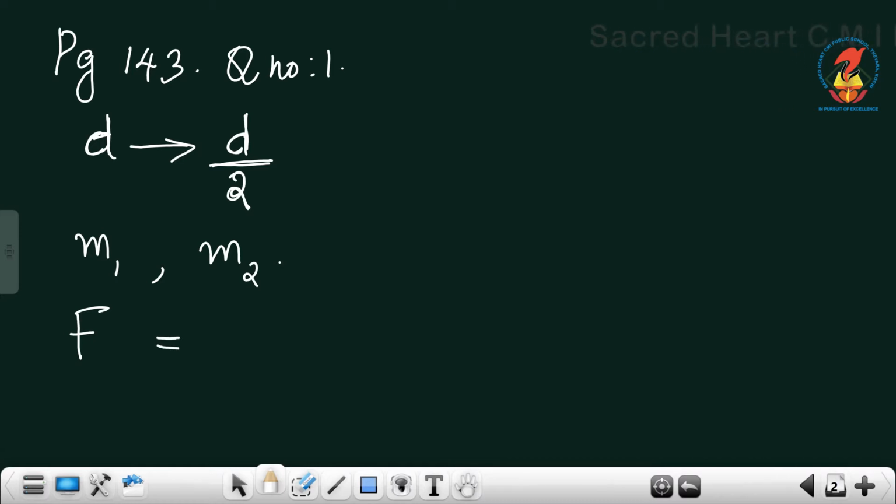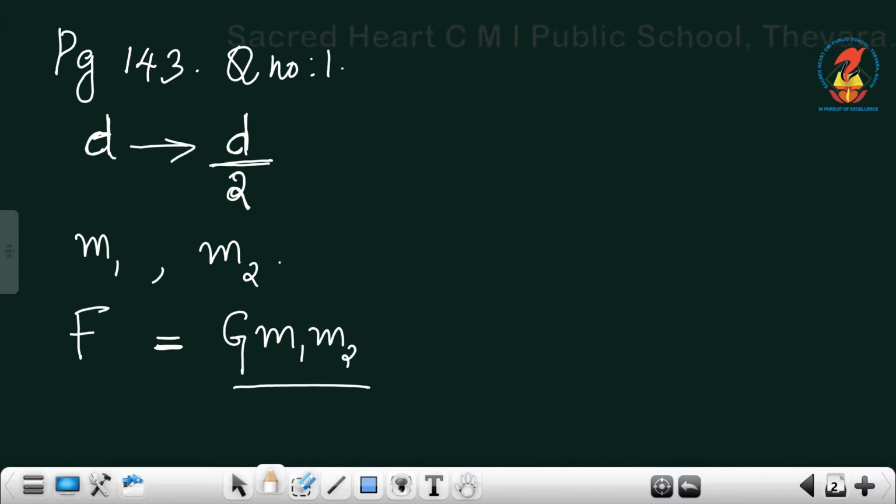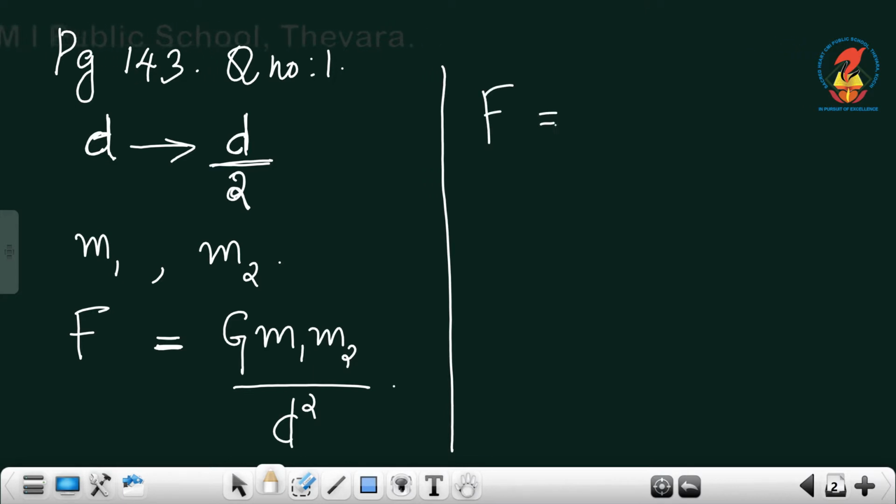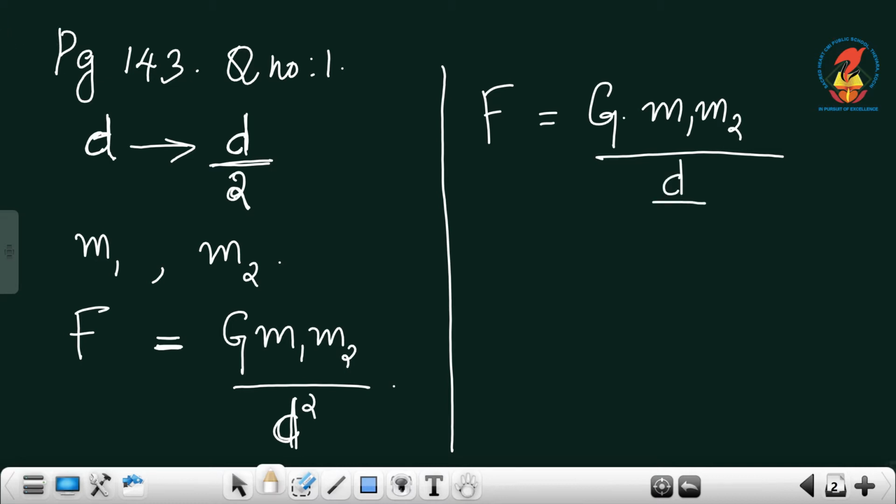We know that the formula to find force of gravitation is F is equal to G m1 m2 by d square. In our question, the distance is halved. That means F is equal to G into m1 m2 by, instead of d, let us substitute d by 2 the whole square.